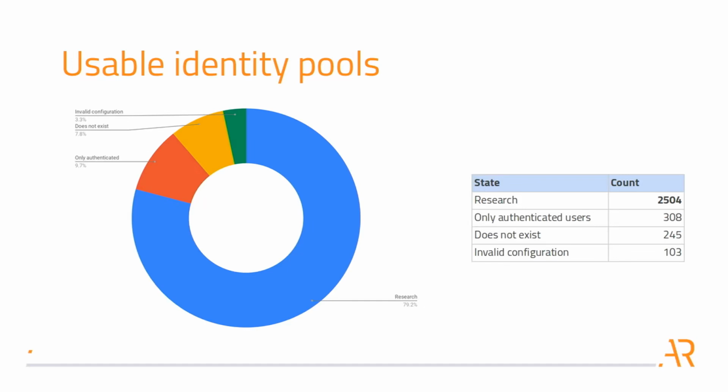At one point, they, for example, removed the IAM role associated with the authenticated or the unauthenticated identity in Cognito, so they broke the Cognito configuration. So at the end, this research is based on 2,500 identity pools, which is quite a good number to come to conclusions.